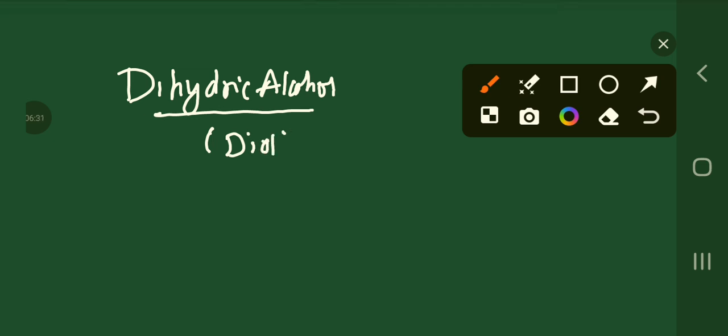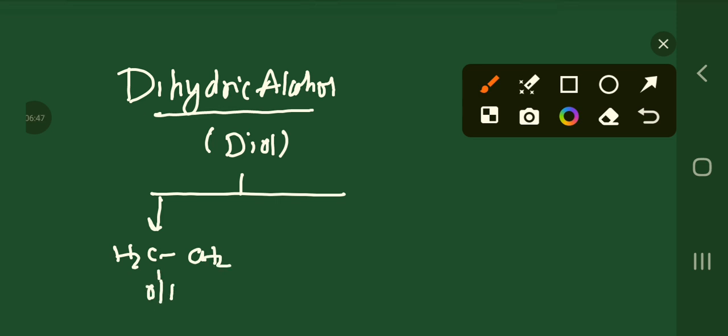It consists of two OH groups, and this can be clearly understood by this example: H2C bond CH2, OH and OH.